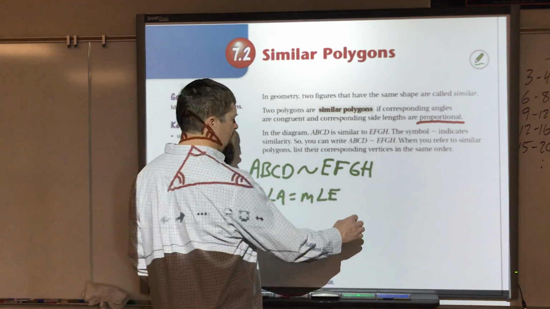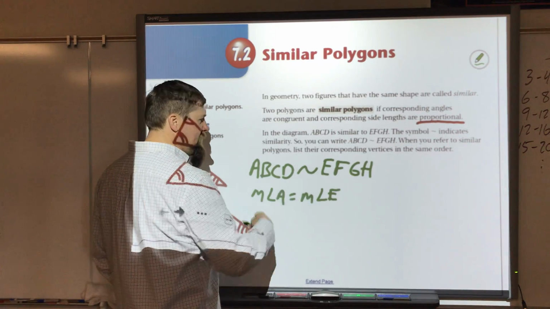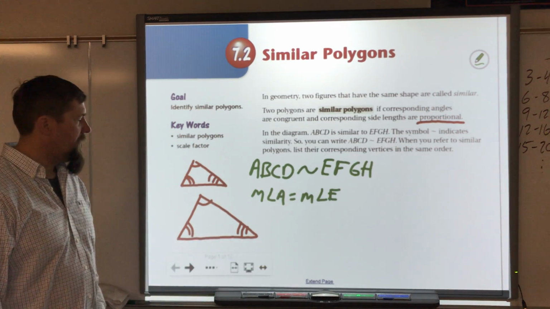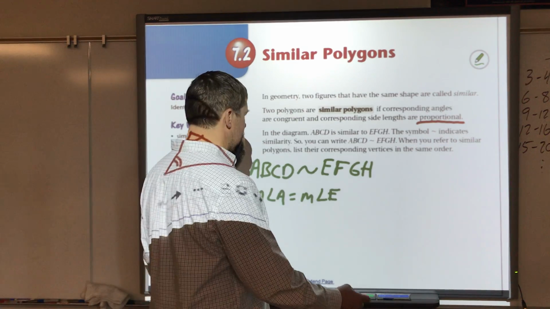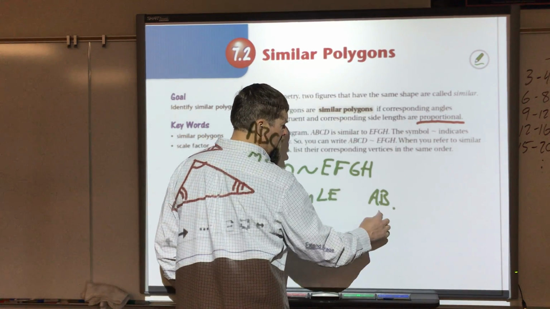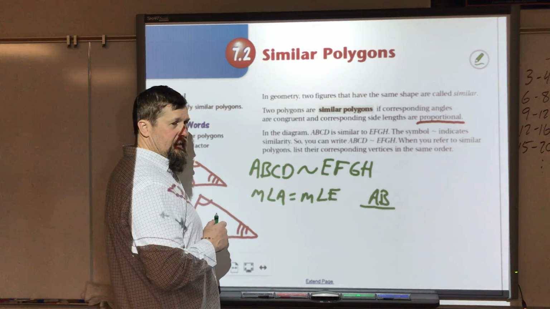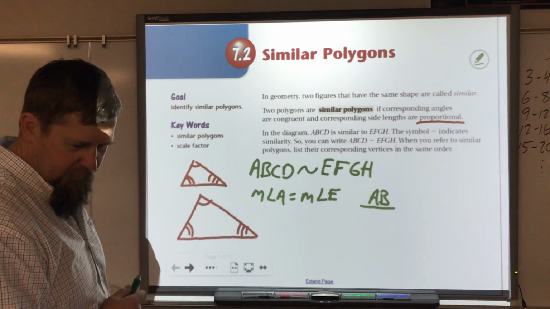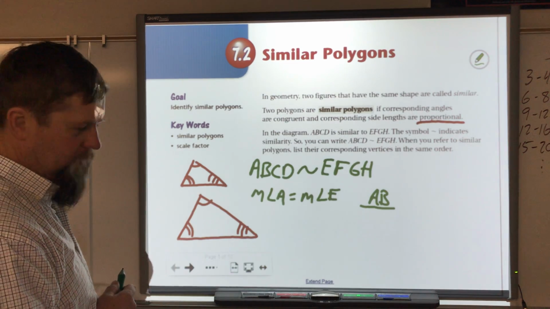It also means that the sides are proportionate. What that means is that side AB over another side, well, it depends on what you're talking about.